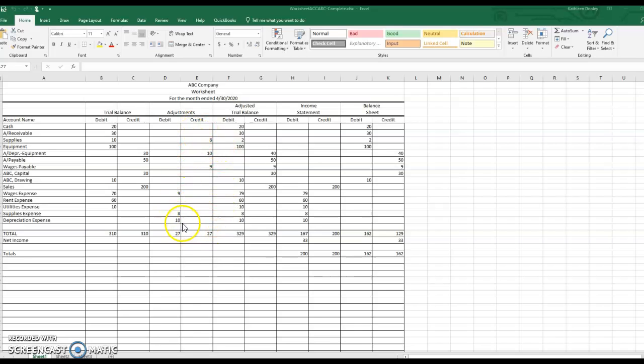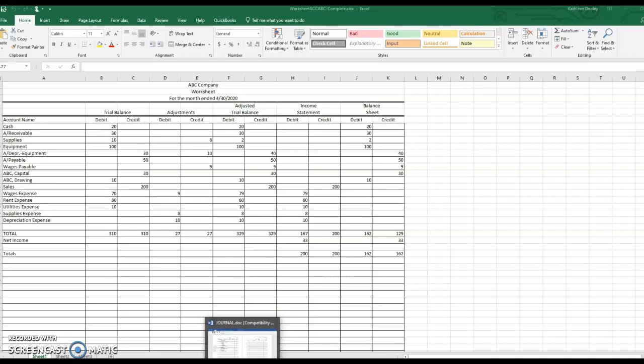So once we have posted them, our adjusted trial balance shows all our account balances after adjustments. And notice that none of these are different. All our assets and liabilities are still the same as they already were on the adjusted trial balance. So that makes it a little easier.